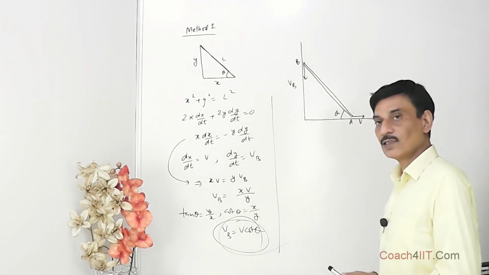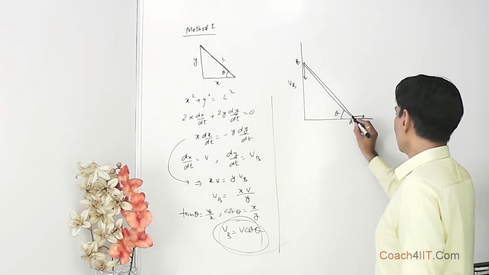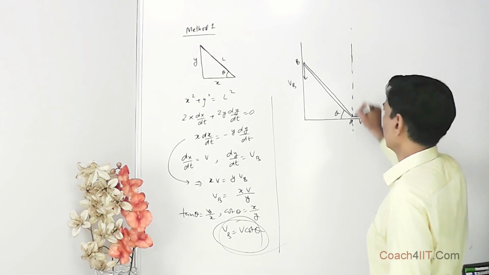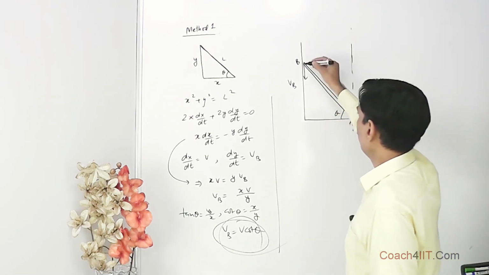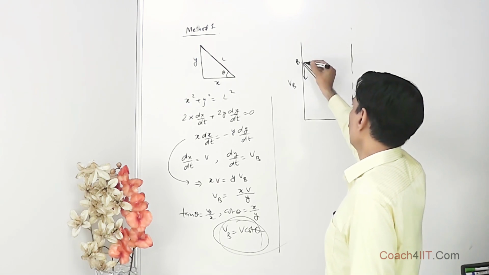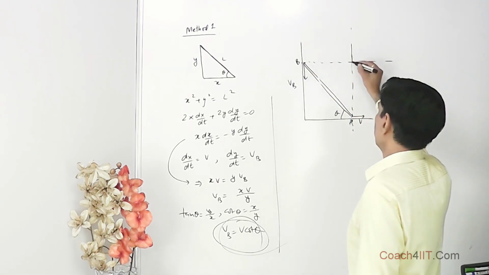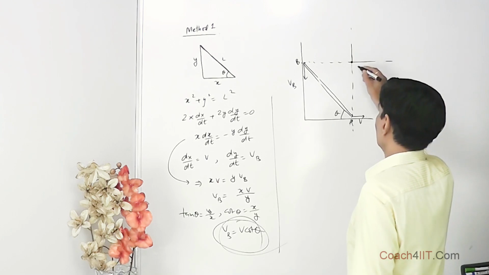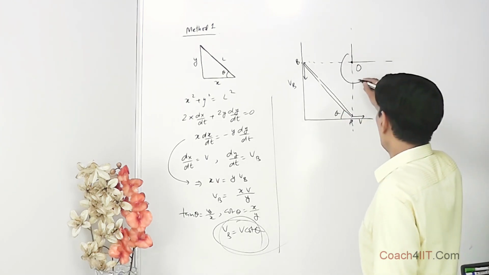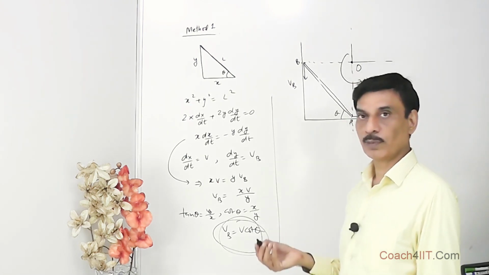How to find it? If this is moving in this direction, the center will be somewhere on the line perpendicular to this. Similarly for the other end. Where these two lines cut is the instantaneous center of rotation.